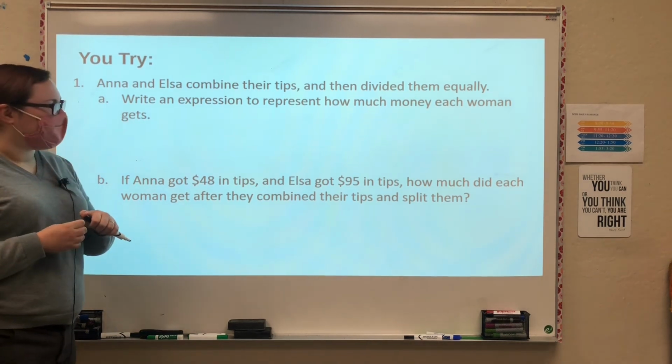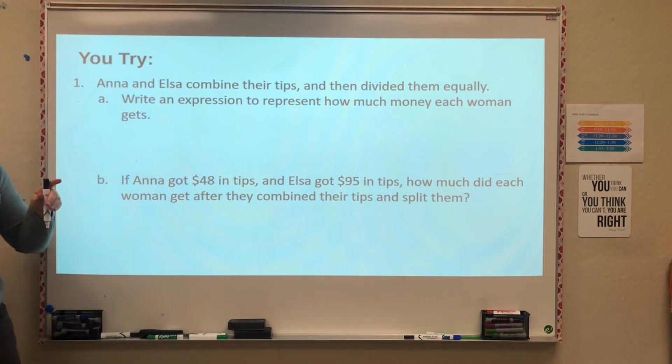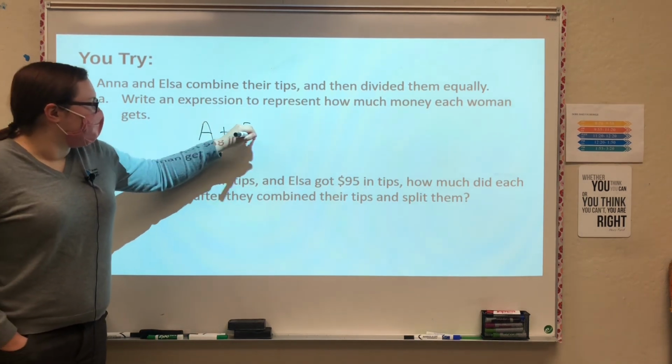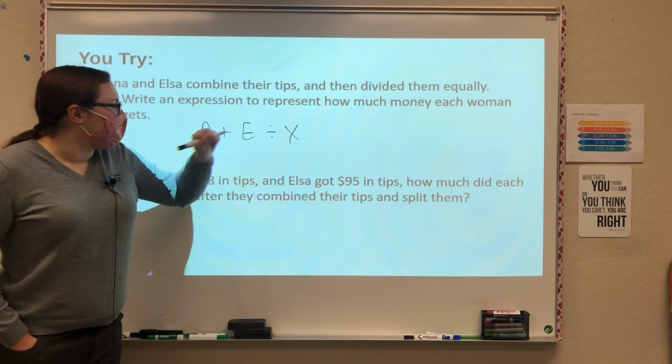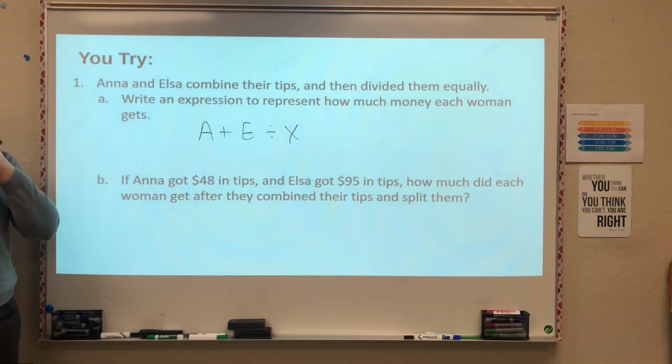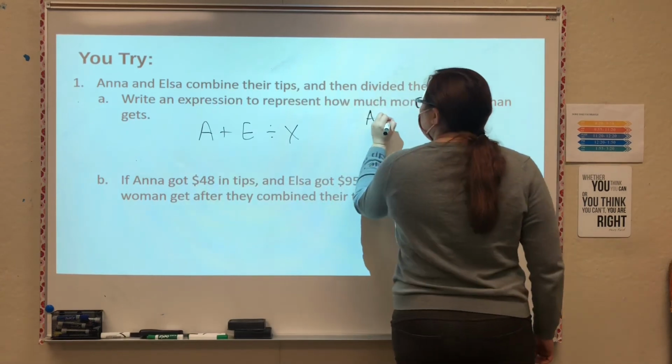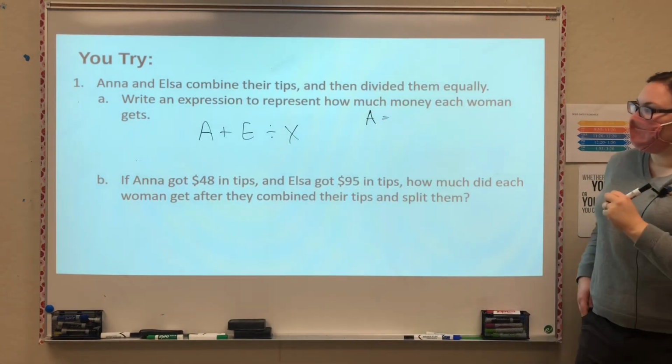All right, I'm gonna have us talk through it. I'm gonna have you start us off. Tell us what you've got written down for the expression. A plus E divided by X. And what you were doing a great job of is telling us what each of these variables represented. So you said A represents the total amount of money for Anna.